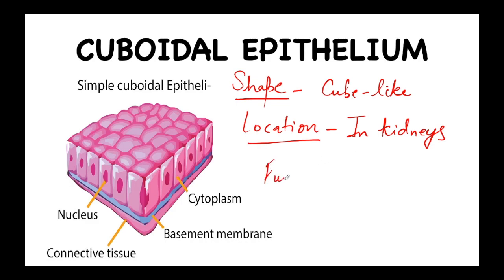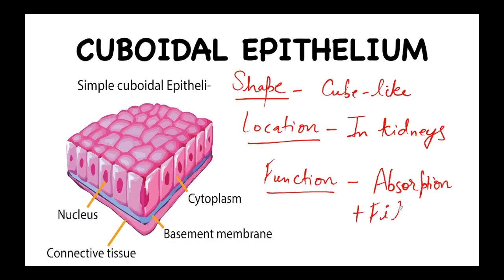Now come to the function. Since it is present in the kidney tubules, therefore it helps in absorption and filtration. And yes, along with the kidneys, it is also present in our salivary glands and pancreatic duct.